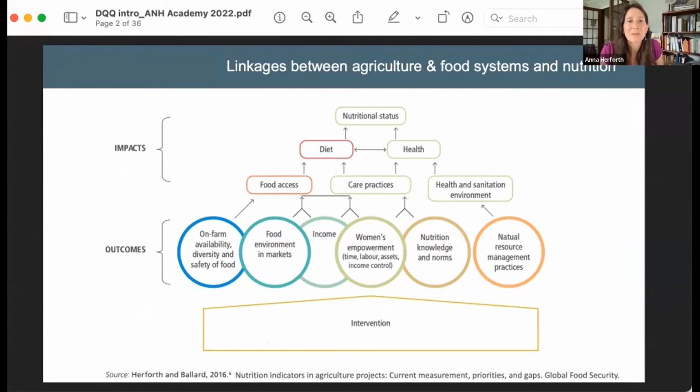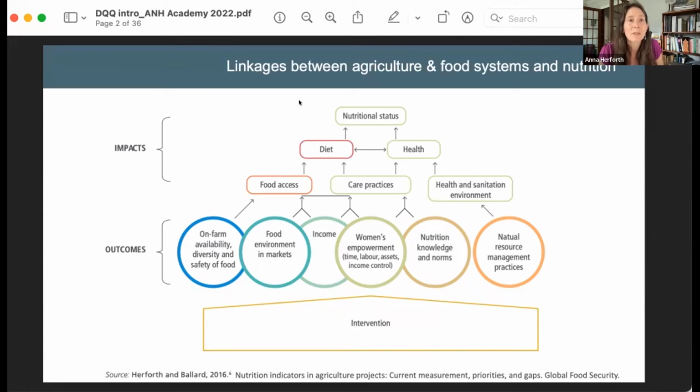Because when we think about these many linkages between interventions, programs, or policies and the outcomes that they might affect, including the types of food that are available in markets, on farms, and different social and knowledge impacts, we then want to know what the impacts are on food access, food consumption, and ultimately nutrition.